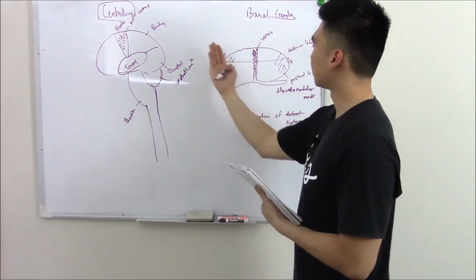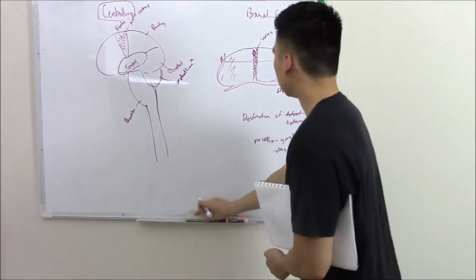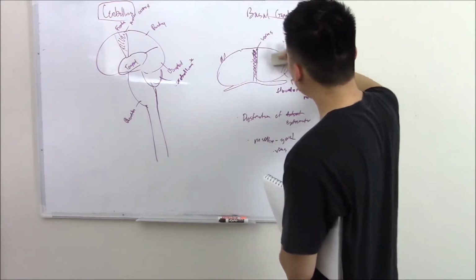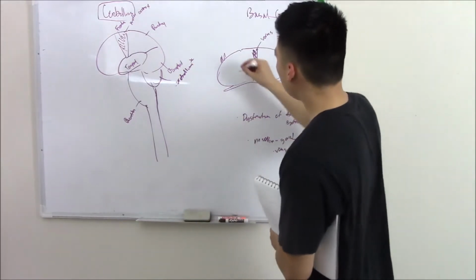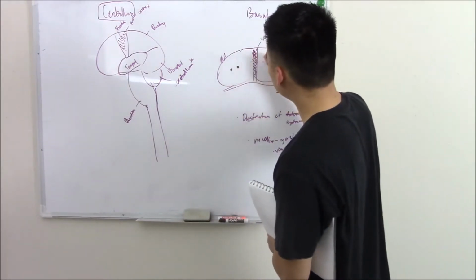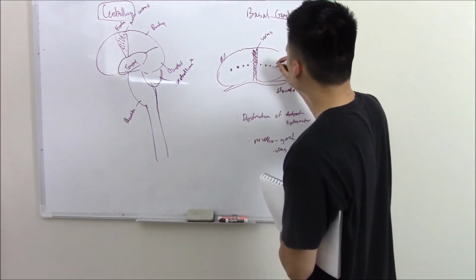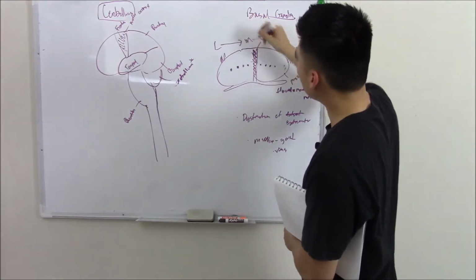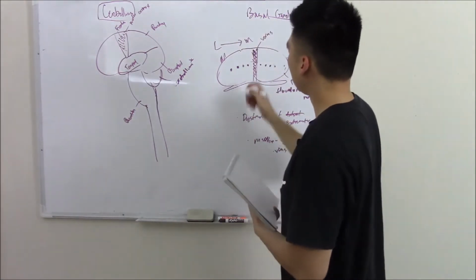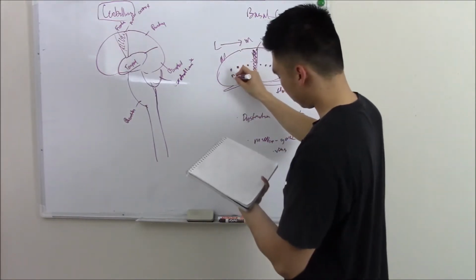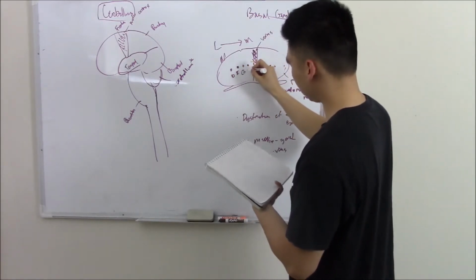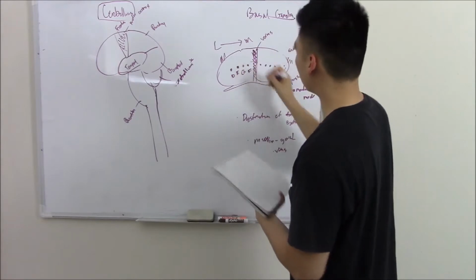Now if you dissect the cerebellum, you'll notice that inside it's very, very complicated. You don't need to know all the complications, you just need to know there are numerous nuclei that help it process information. So if we work from lateral to medial, you have your dentate nuclei, your emboliform nuclei, your globose nuclei, and your fastigial nuclei.